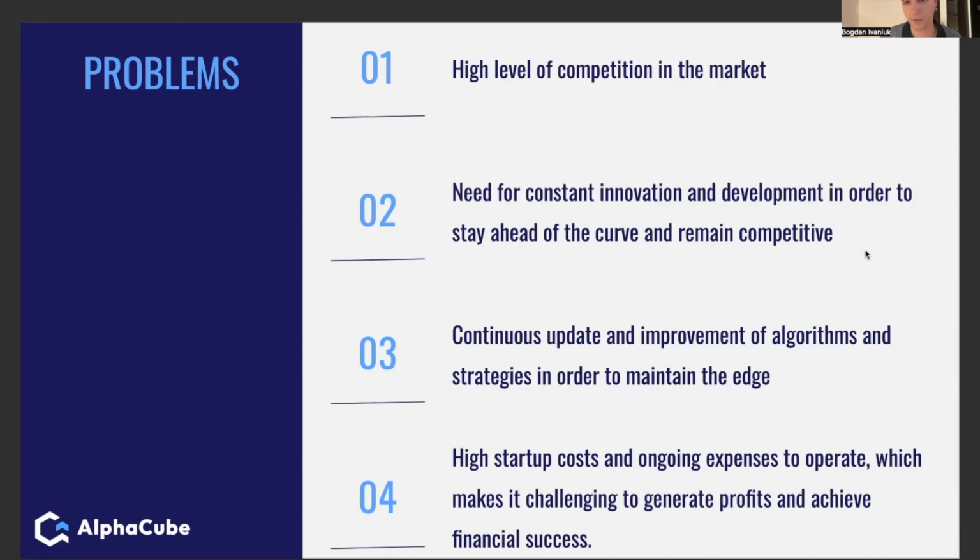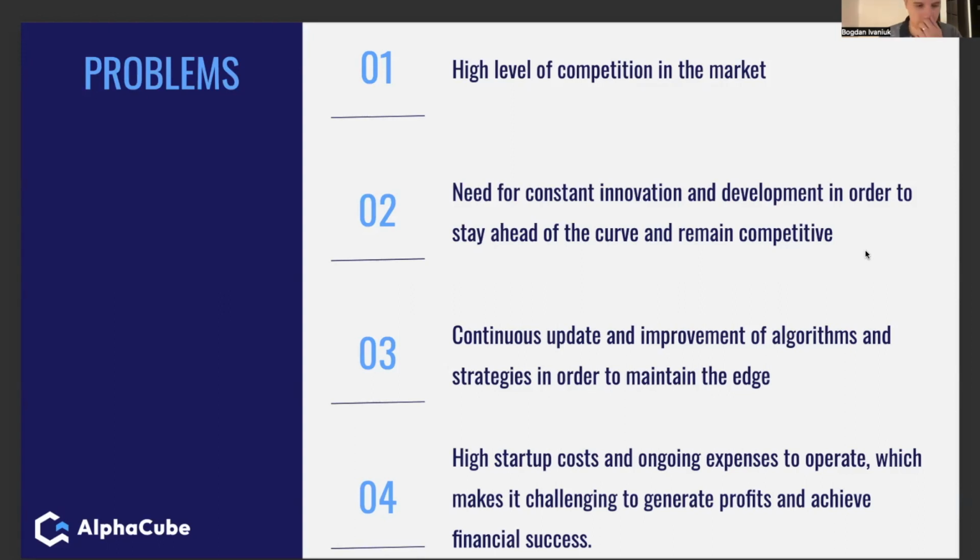And why is algorithmic trading actually so difficult? Yes, definitely, it's one of the most difficult tasks in the world, because we're trying to predict the future of the assets in the short term or in the long term.